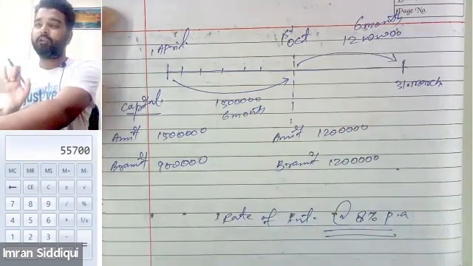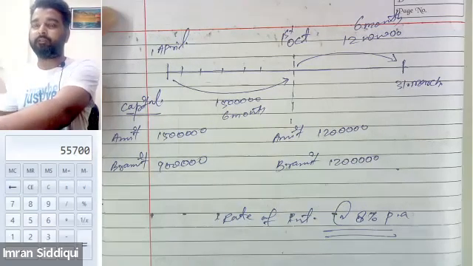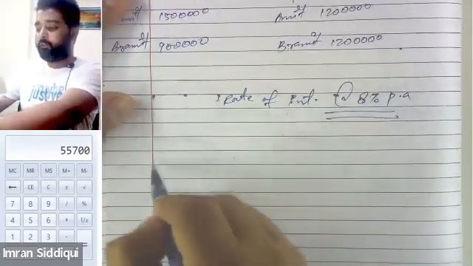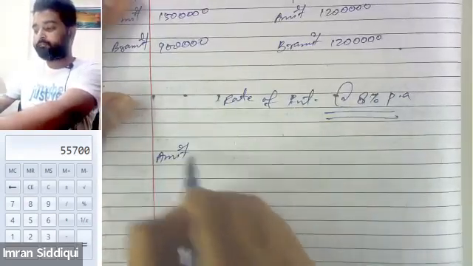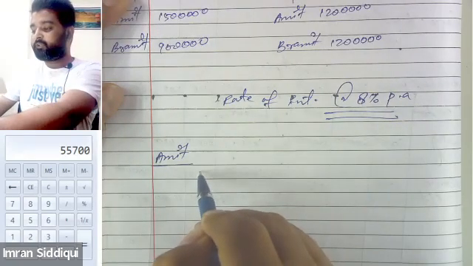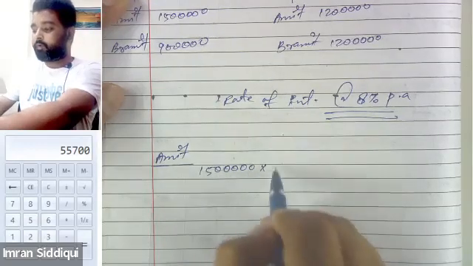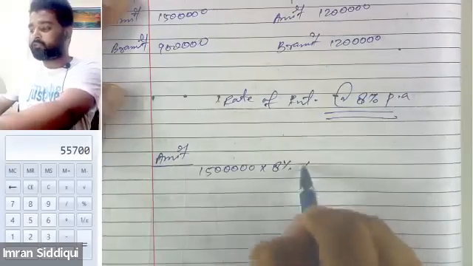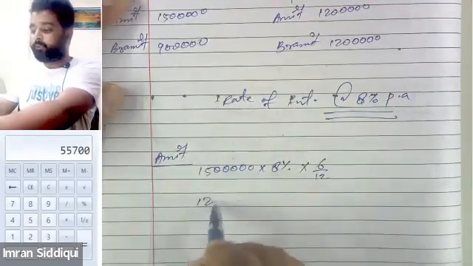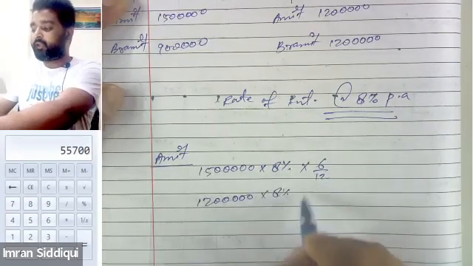So tell me, how much interest shall be paid to Amit on his capital? The answer is very simple. For Amit, the calculation of interest will be: he must be paid 8% per annum on 15 lakh rupees for the period of 6 months, 6 by 12, and he should be paid 8% per annum on the 12 lakh for the 6-month period.